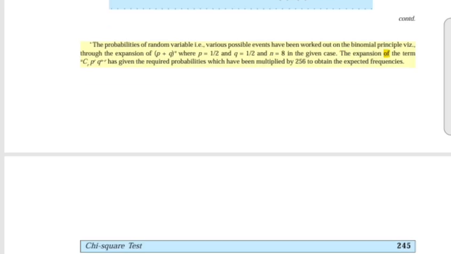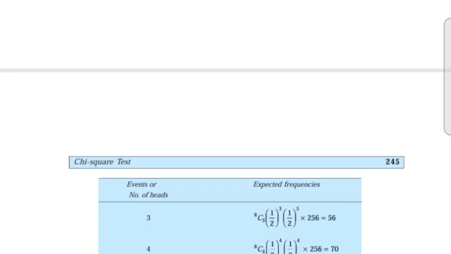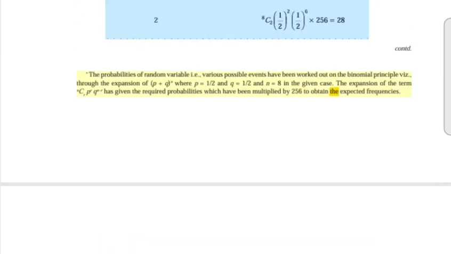The expansion of the term nCr p^r q^(n minus r) has given the required probabilities, which have been multiplied by 256 to obtain the expected frequencies.